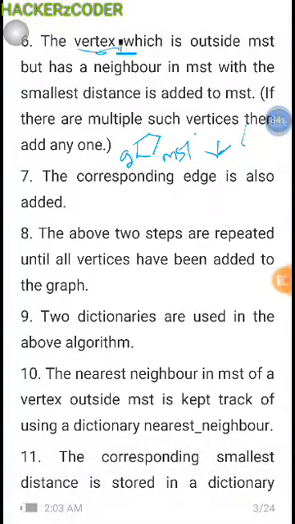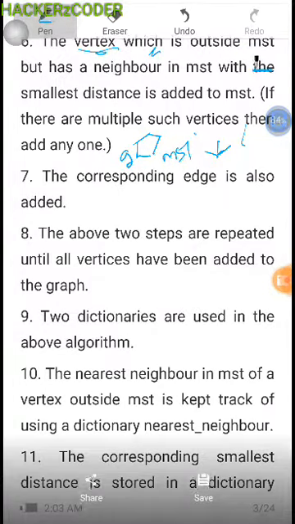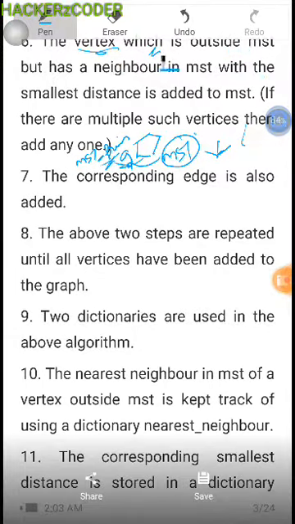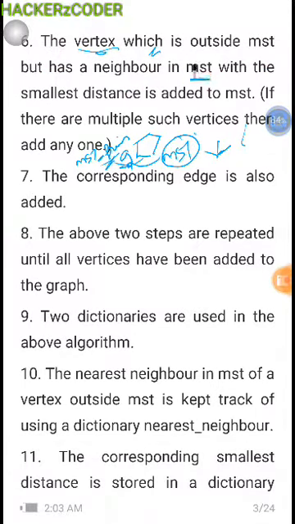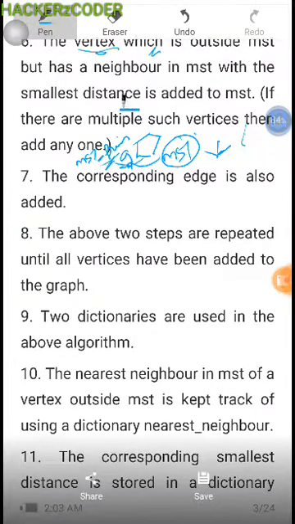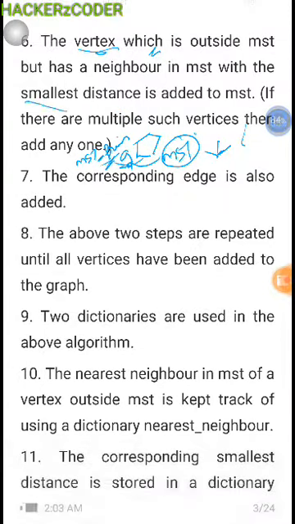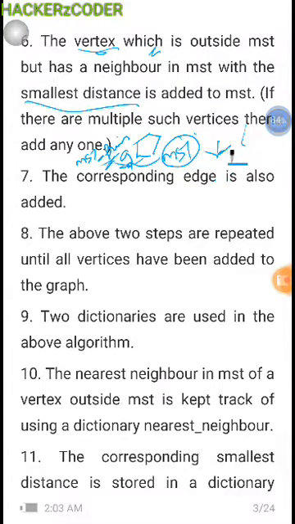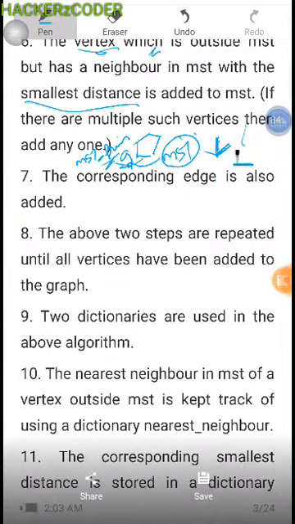The vertices outside MST, that is the G of the mst_prim function, which is outside MST, has a neighbor in MST with the smallest distance. Now that MST vertex of the smallest distance is added to MST. If there are multiple of the same value, we have a choice to just add one.